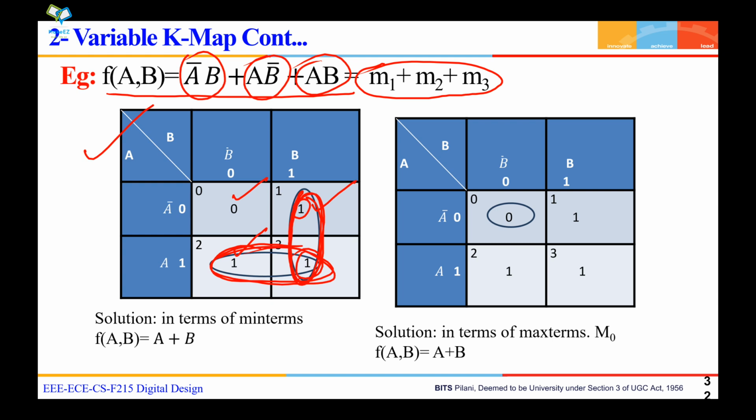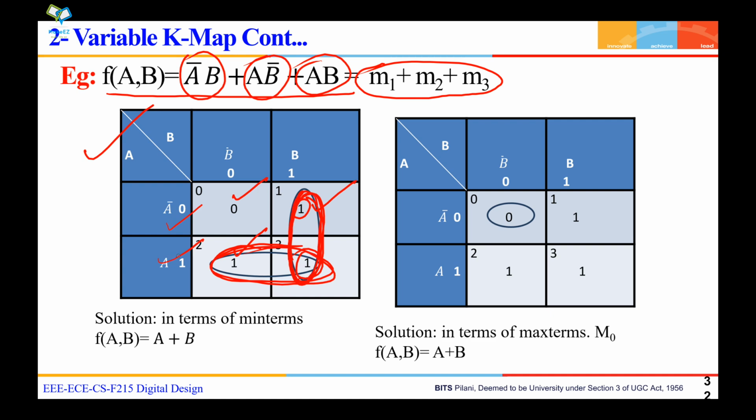See, when you group this, what happens? When you write an expression for grouping this, the entire group consists of a and a bar.